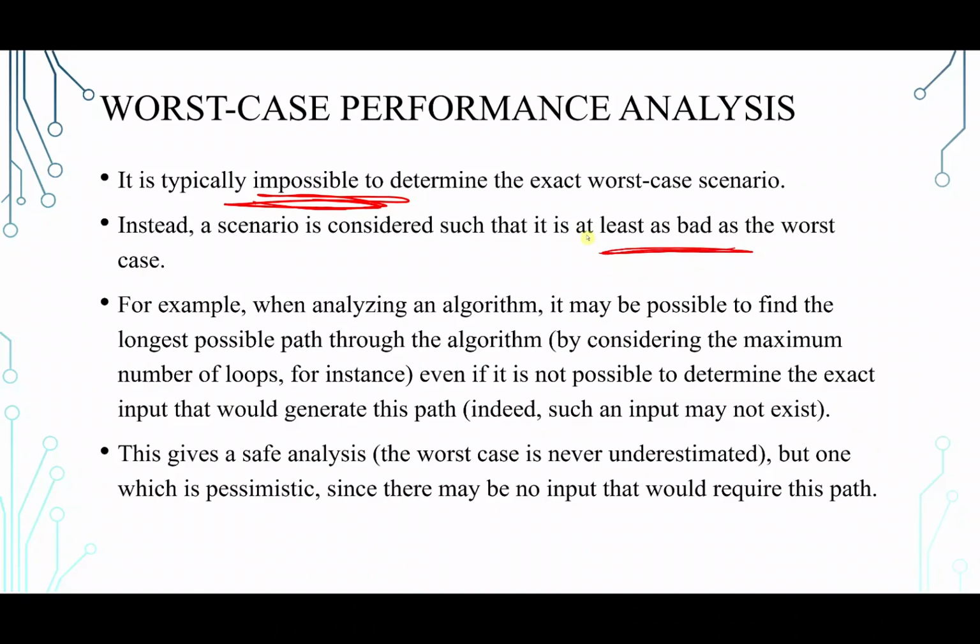The worst case scenario, if I'm looking for an element in an array, is to visit every element and not find the element I'm searching for. So the worst case scenario might be if the element does not exist in the array. But something as bad as the worst, because it's going to be near the worst, might be having the element I'm searching for as the last element in my array.